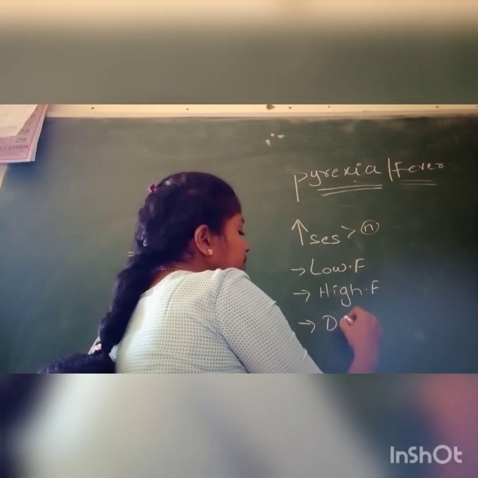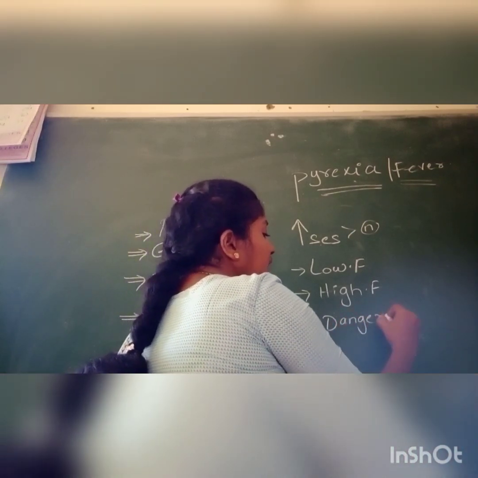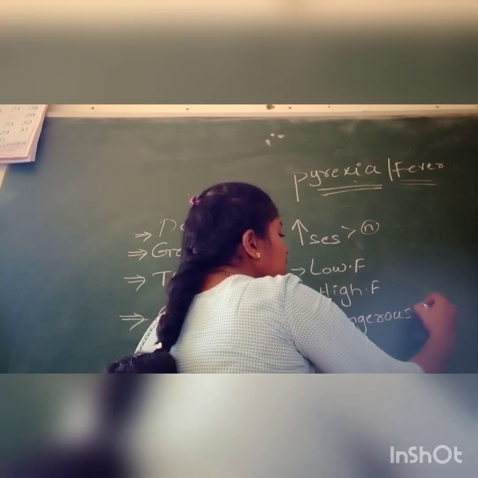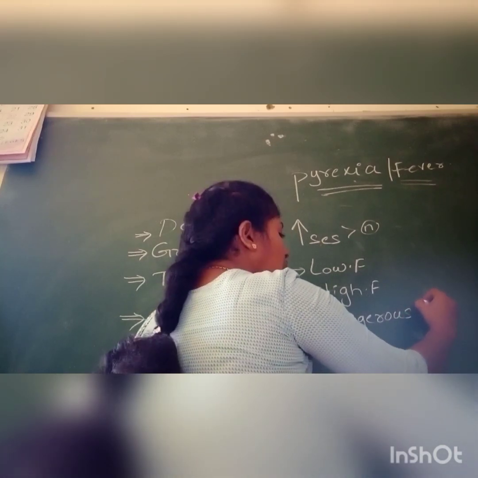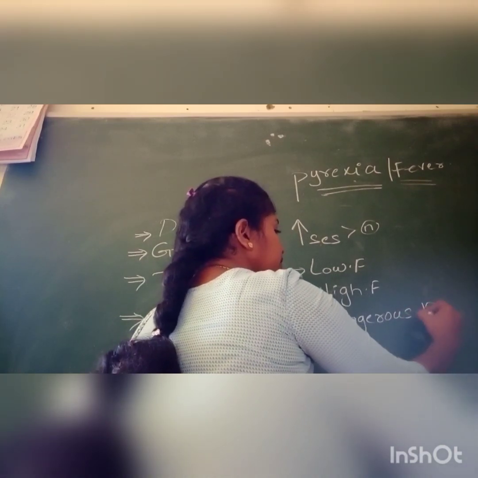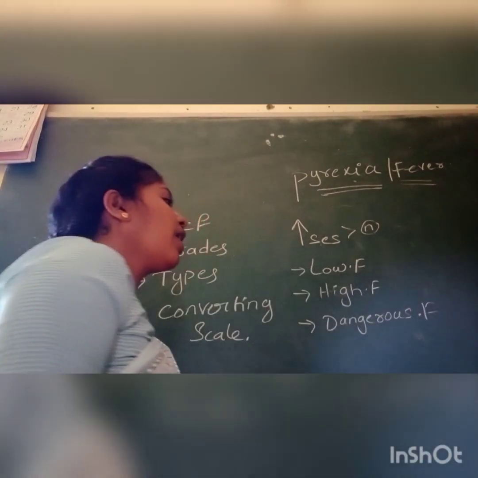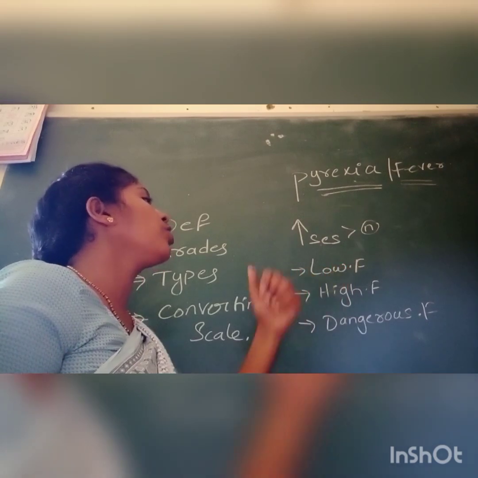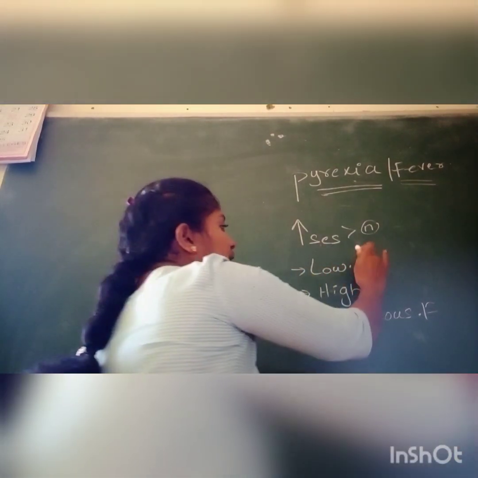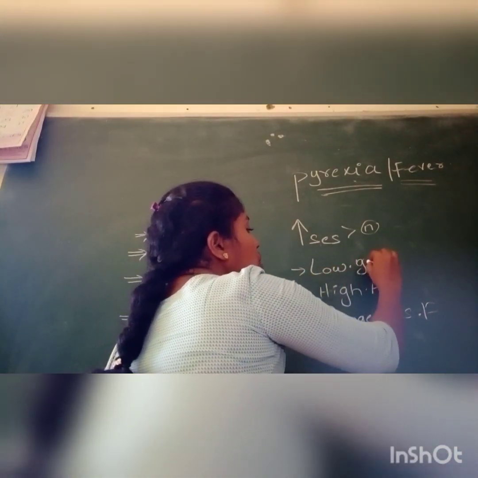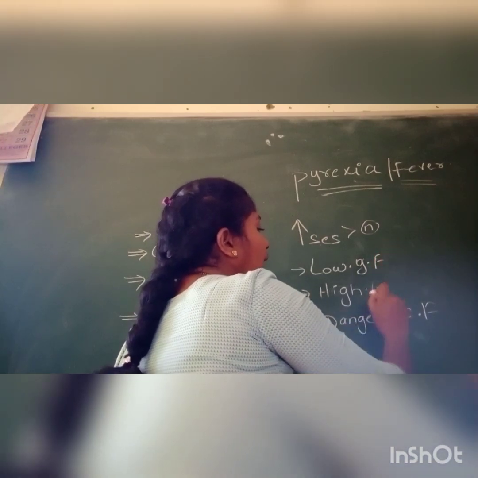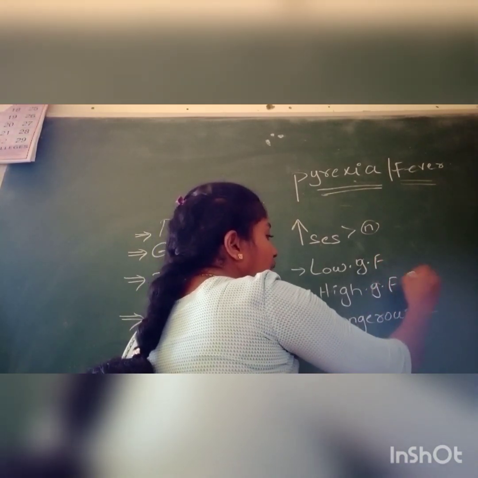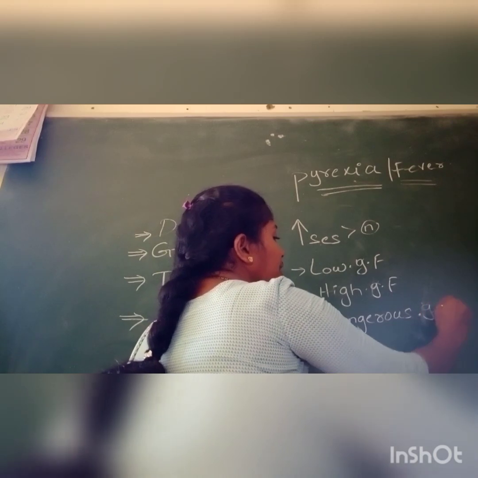The next one is dangerous pyrexia, or dangerous fever, or high fever you can say. So low grade fever, you can write low grade fever, and high grade fever or dangerous grade fever.